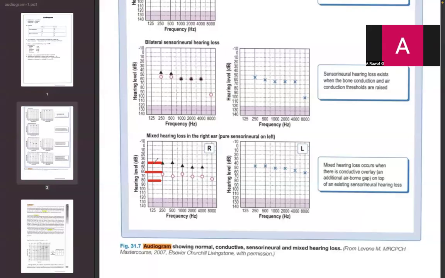Means both bone conduction and air conduction are abnormal, but bone conduction is better than air conduction, and there is a difference of more than 15 decibels, that is almost 20 decibels. So this is mixed hearing loss. Mixed hearing loss occurs when there is a conductive overlay, an additional air-bone gap on top of existing hearing loss.